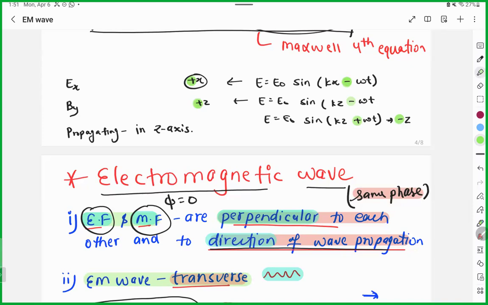Next, these variables will tell you the direction of propagation, in which direction they are moving. Like in the first one it is x, so it will be the x-axis. In the second and third it is z, so the z-axis. Everybody understood? The 2025 NEET question from this chapter is this only.